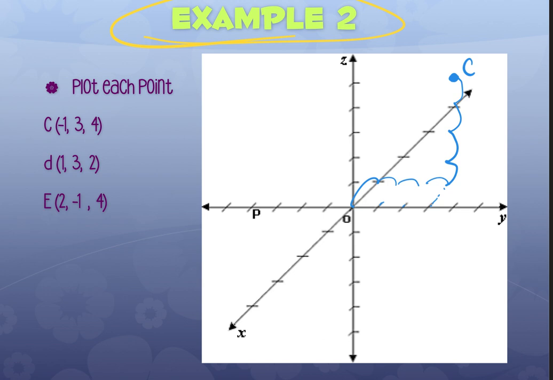All right, D, 1, 3, 2. So we're coming forward 1, we're going right 3, and we're going up 2. So it's about there. Again, it's not going to be exact, but you're showing that you went up 2. It's not hard, it's weird, right? That's it. And then E, 2, -1, 4. You're coming forward 2.